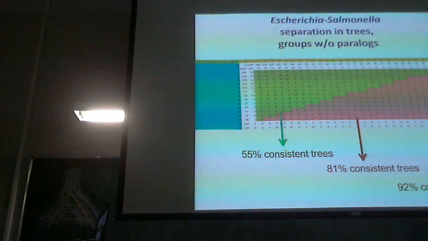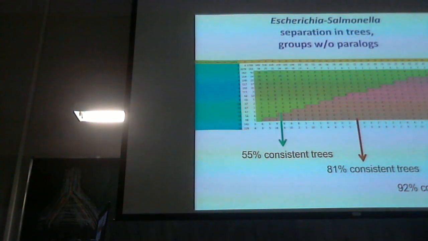The genes forming the frequent periphery, those that are present in the majority of, not in all strains, but in the majority of strains, also in most cases are consistent. Whereas the rare genes forming the rare periphery, which are present in fewer than half of all strains, are consistent and inconsistent to the same degree.